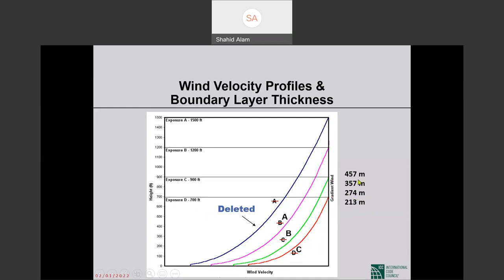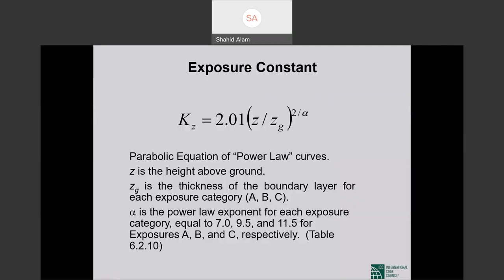And for exposure A, it is 357 meters. So the wind velocity for exposure C varies like this, and above a height of about 213 meters, it is essentially constant. It doesn't change all that terribly much.